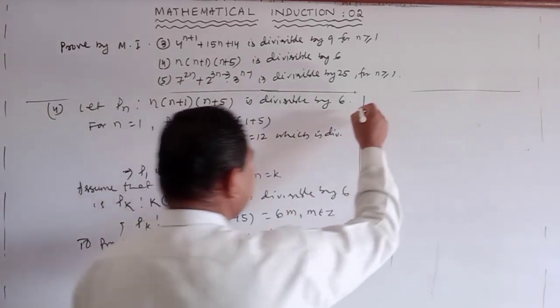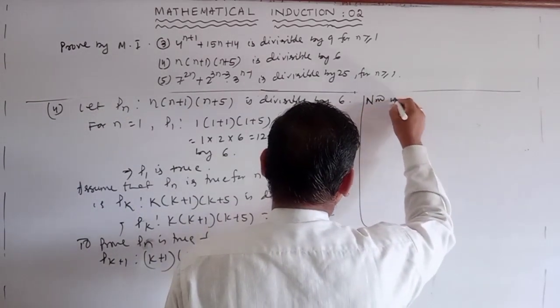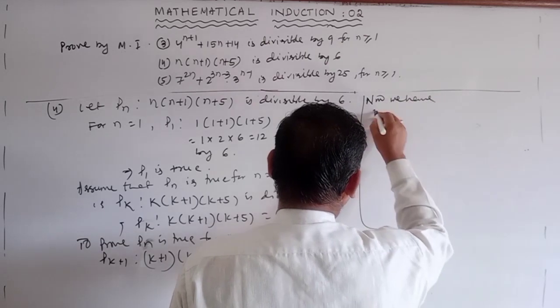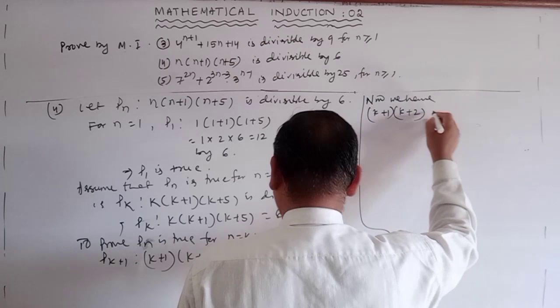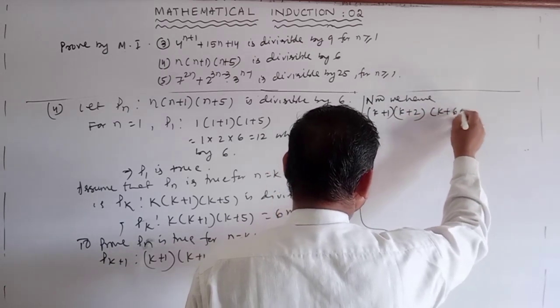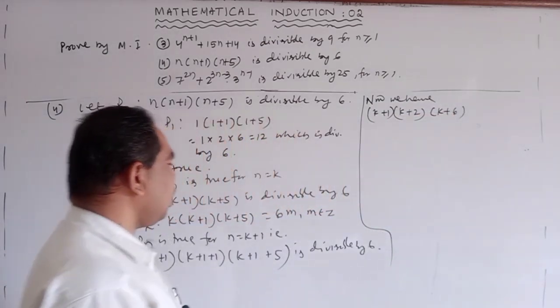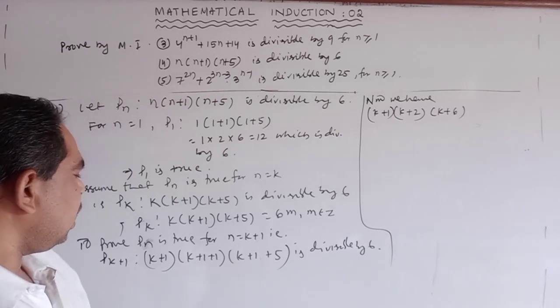Now we have k plus 1 into k plus 2 into k plus 6.